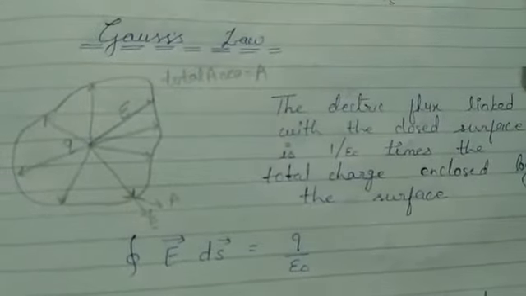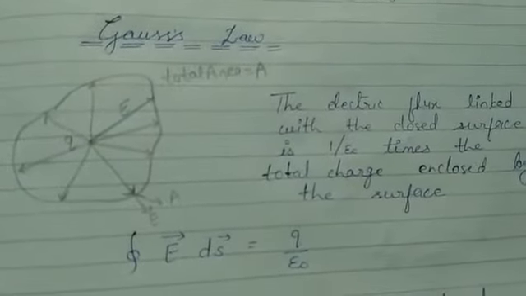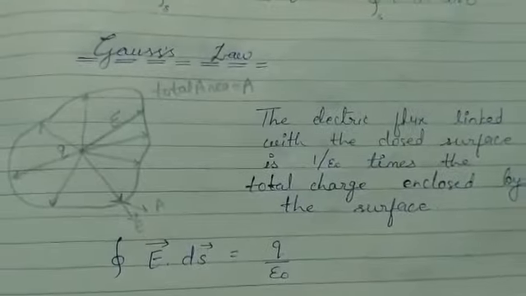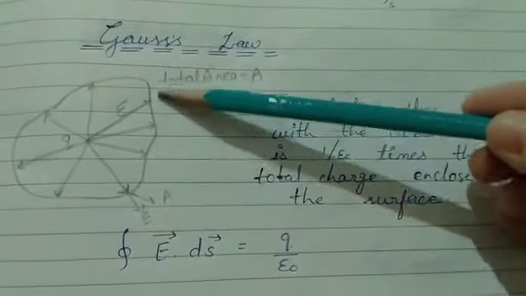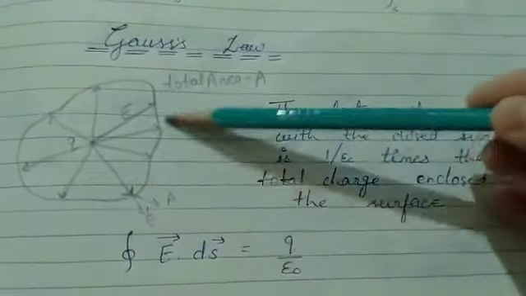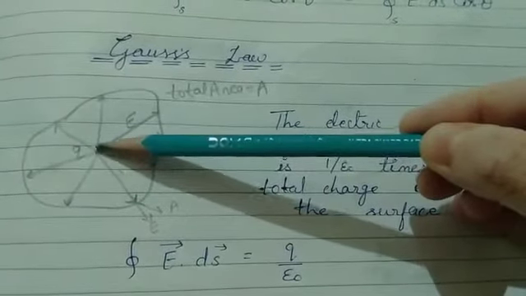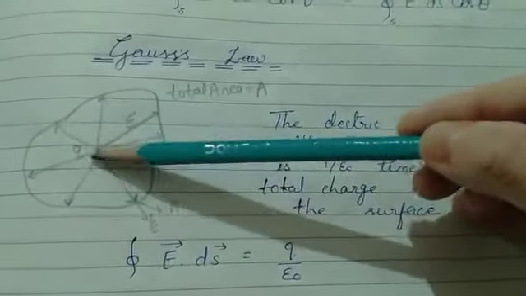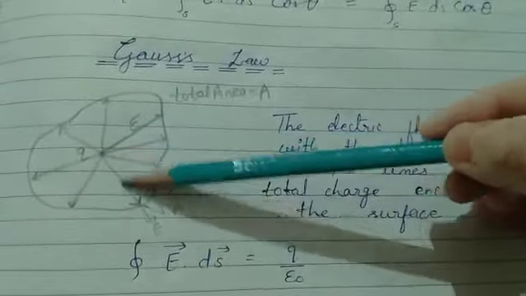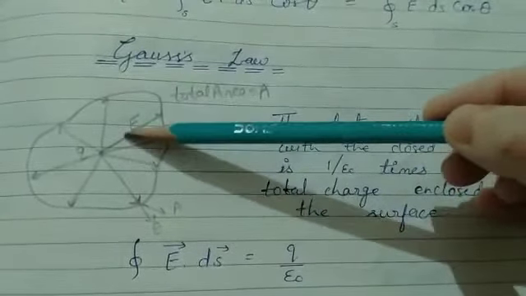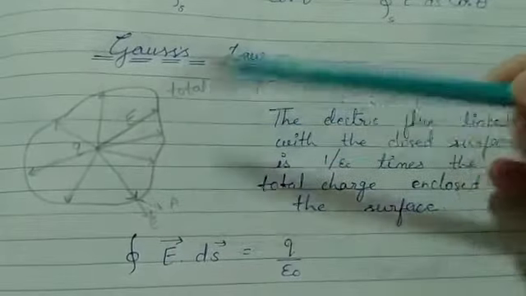Now let us discuss Gauss's law. Here in the diagram you can see one closed surface in which there is a charge q. Because of this charge, these are the electric field lines which are passing through this area.